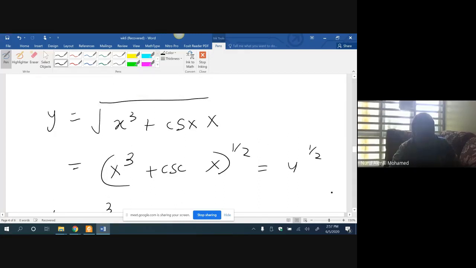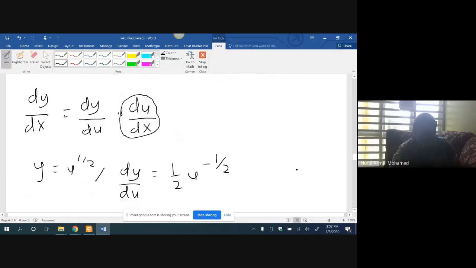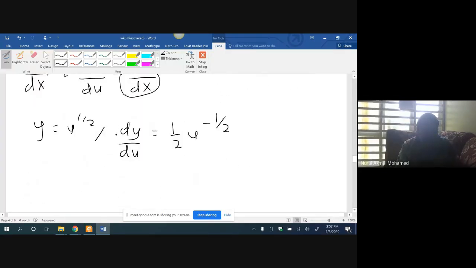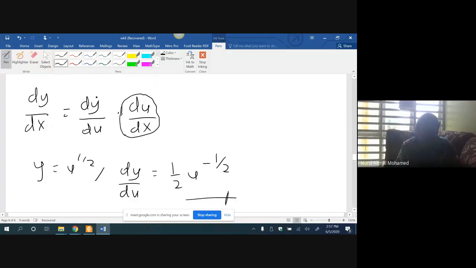So dy du is 1/2 u to the power of negative 1/2. So dy du is already obtained here. You substitute both, then you get the answer for dy dx. So that is how you solve the derivative of a function y. Any question?